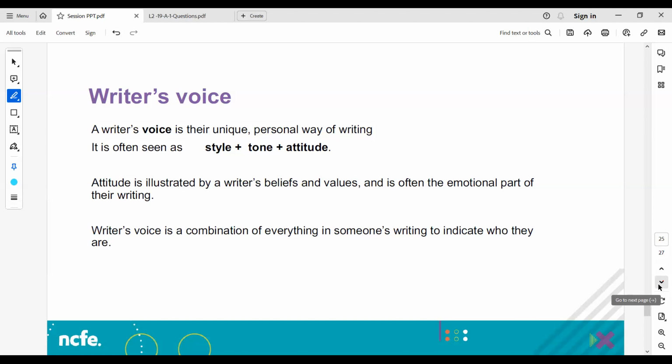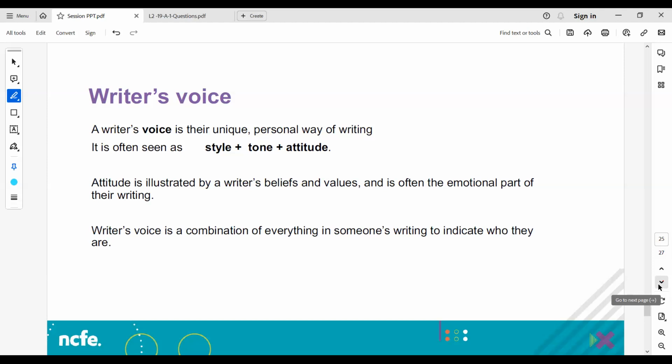And it's not necessarily something specific, but you can feel, you can hear through their writer's voice their beliefs and values and their emotions writing it. It would also apply to non-fiction, the different types of text as well, but it would be more obvious in fiction.